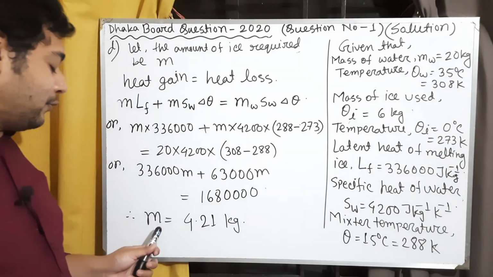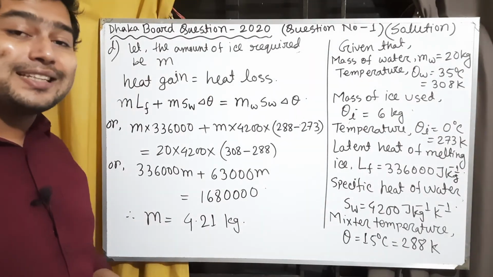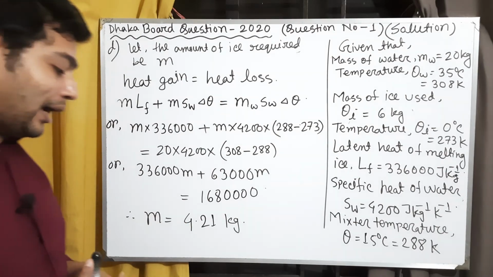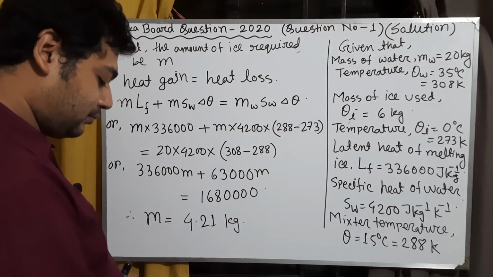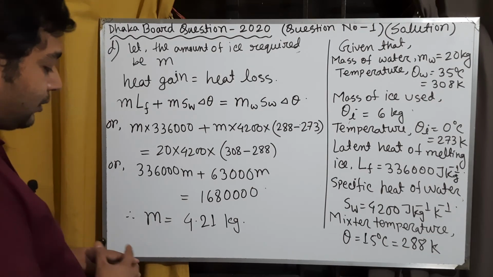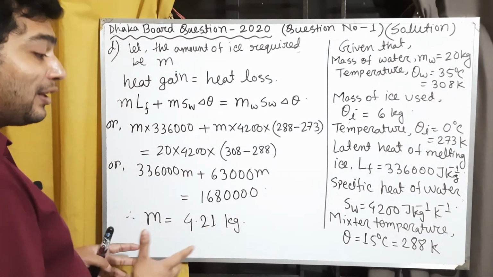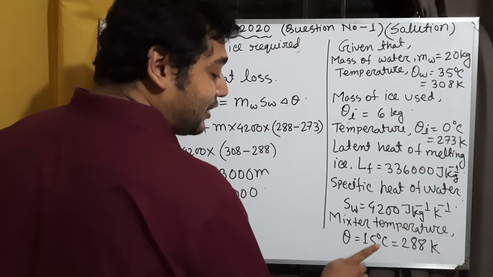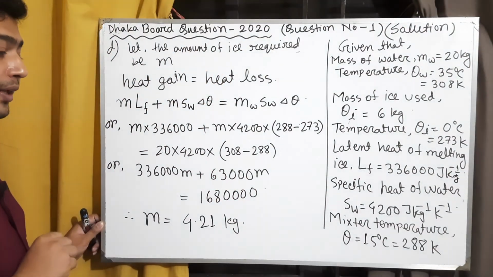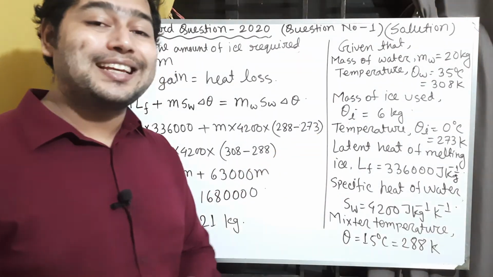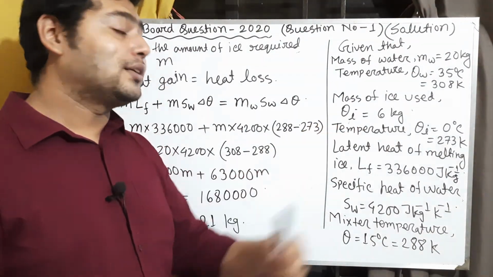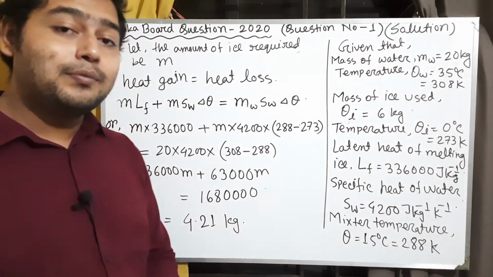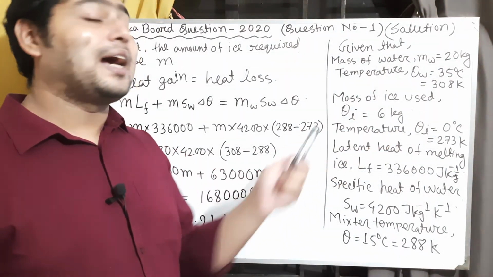So 4.21 kg of ice will fully melt to keep the mixture temperature fixed at 15 degrees Celsius. But the beverage seller used 6 kg of ice.